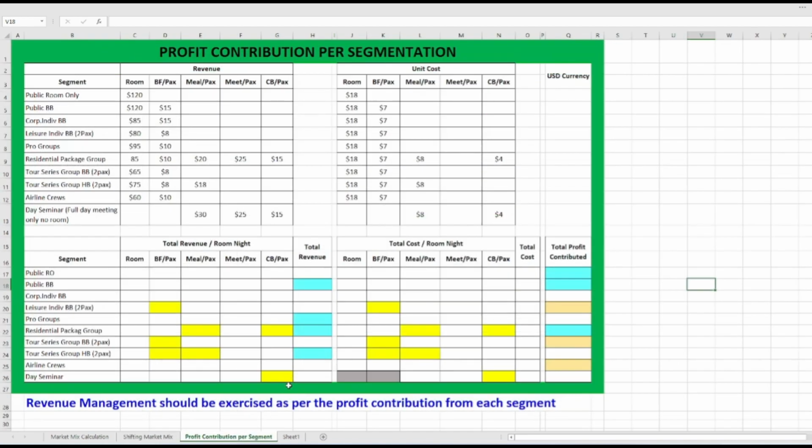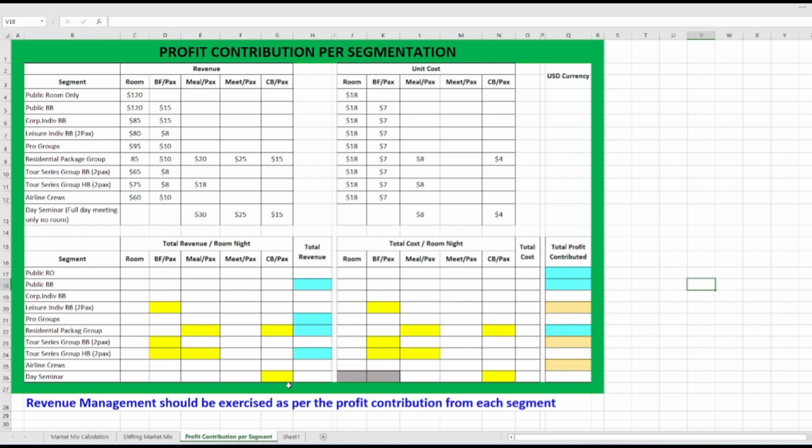So today I would like to share about profit contribution per segmentation. So far we have worked only on the revenue side. However, at the end of the day, what matters is the business result, and the business result is all about profit. In principle, revenue management is all about revenue and profit.